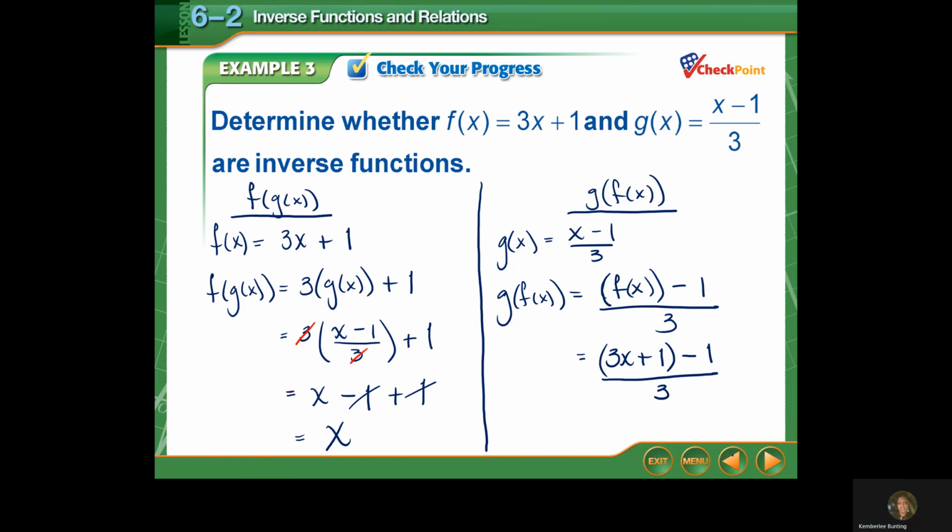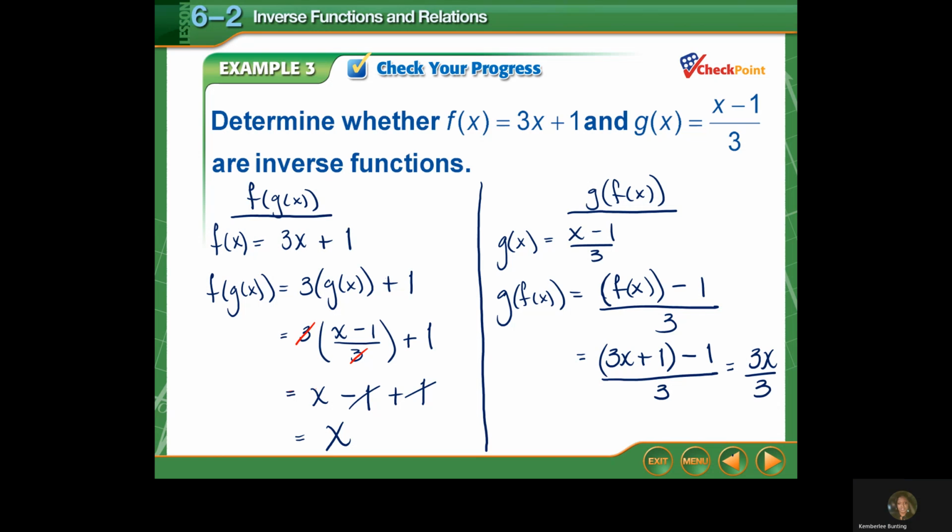You don't need it. I have a positive 1 here and a negative 1 here. Tell me, what is 1 minus 1? It's 0, right? So this becomes 3x over 3.